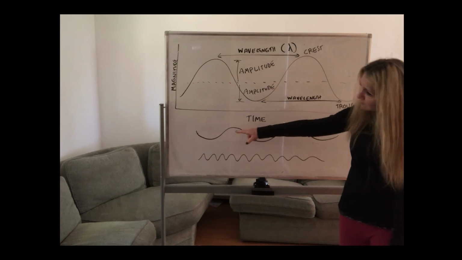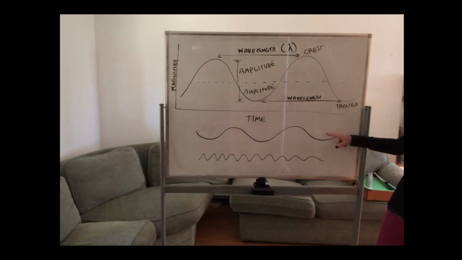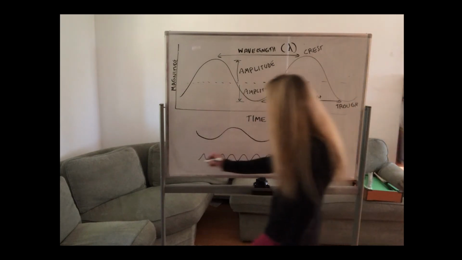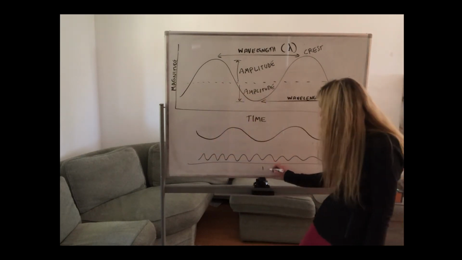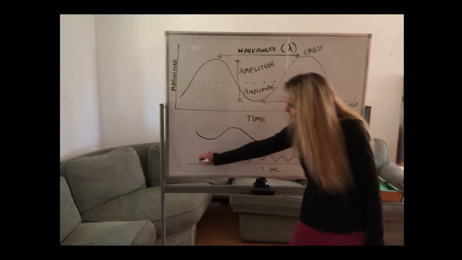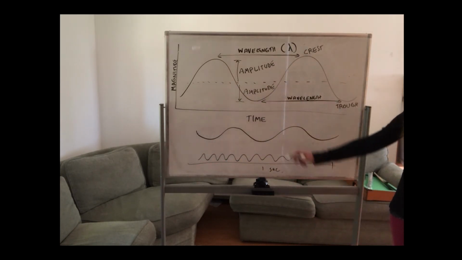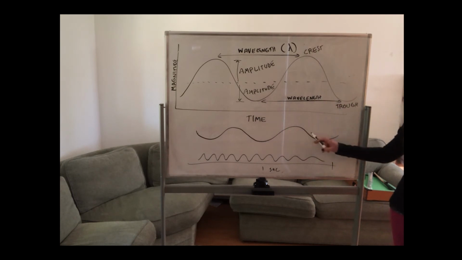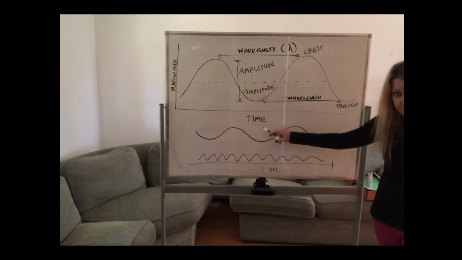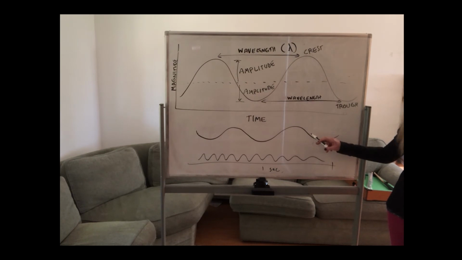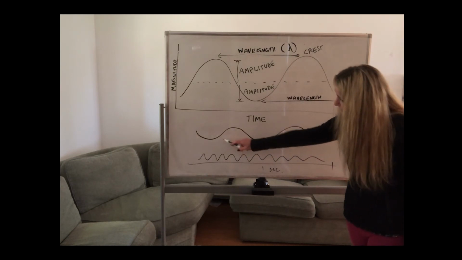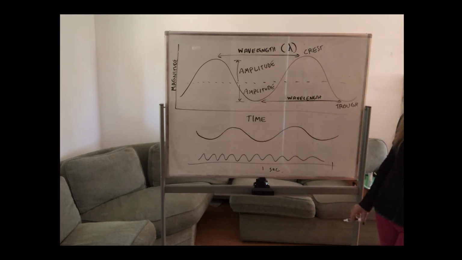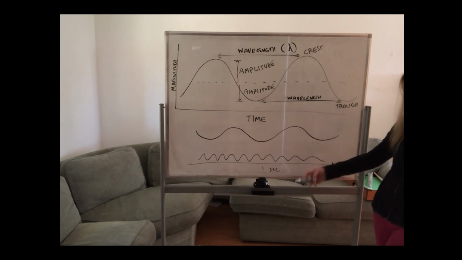So if you're increasing the wavelength right here, and let's say the length from here to here is 1 second, if I'm increasing the wavelength, for example like radio waves, I'm decreasing the frequency, because in 1 second here we only have 2 waves, because they have a larger wavelength.